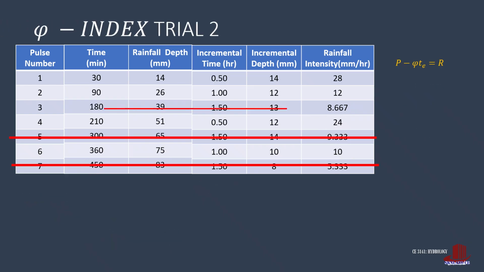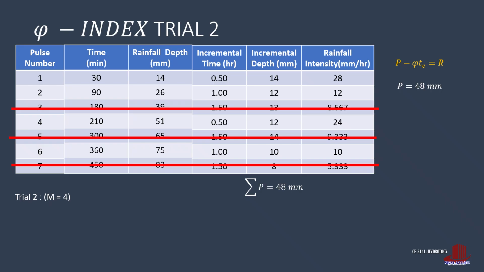So let's work on the second trial. This time, we disregard the 3 pulses having intensities lower than the computed phi. This leaves us with only 4 pulses left. Then we identify the new values of the parameters of the equation. P is the summation of the incremental depth, which is now 48 millimeters.